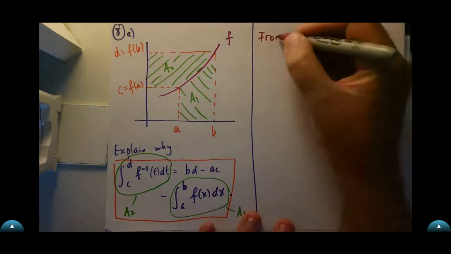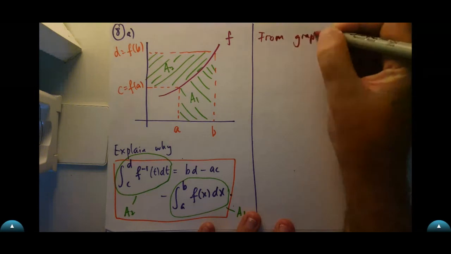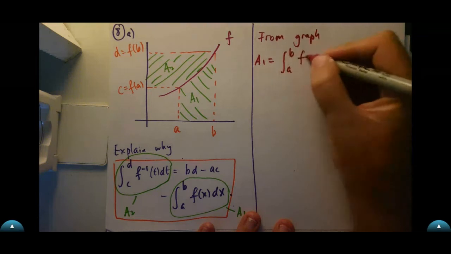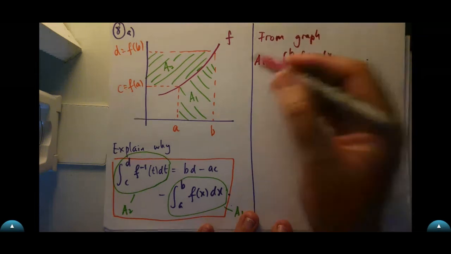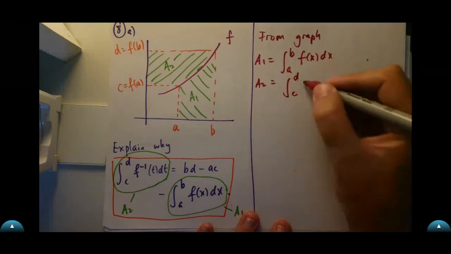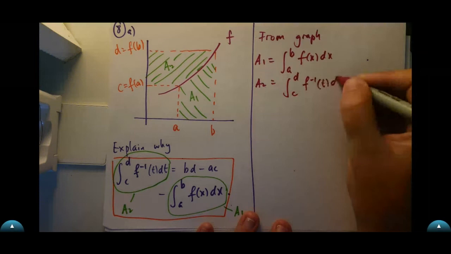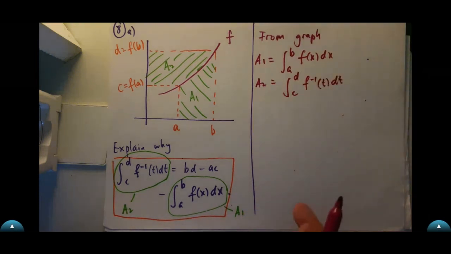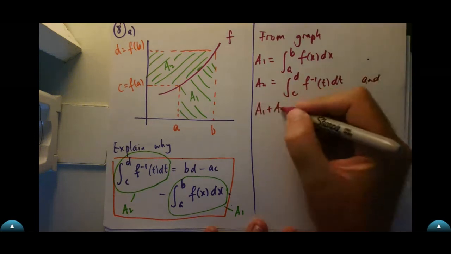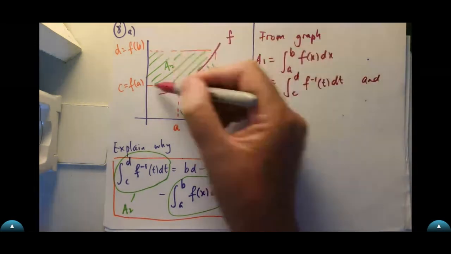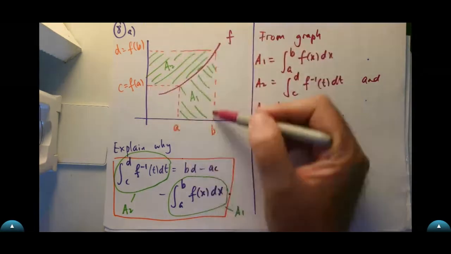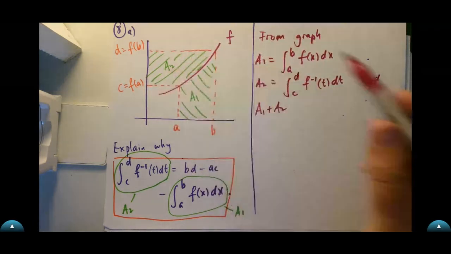So from the graph, A1 is this, or the area of A1, I guess. A2 is this. And this bit here is just the area of the larger rectangle minus the area of the smaller rectangle.